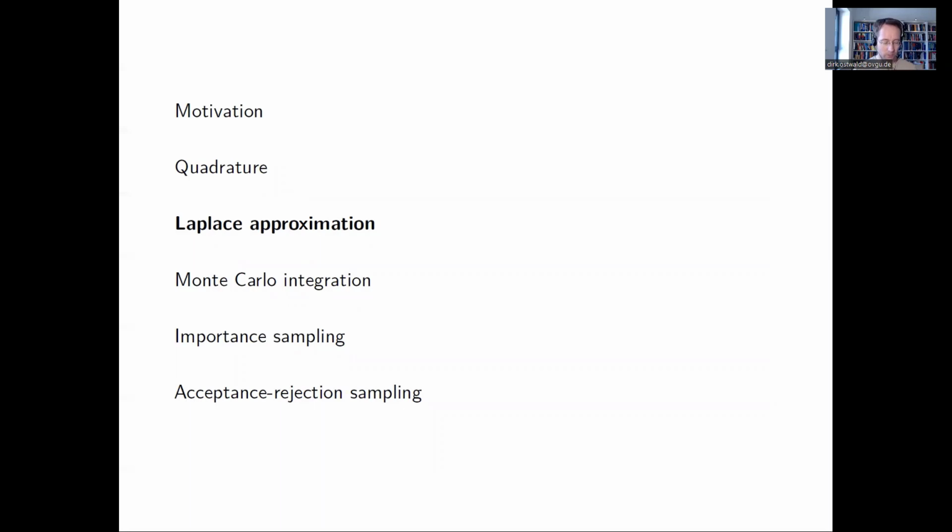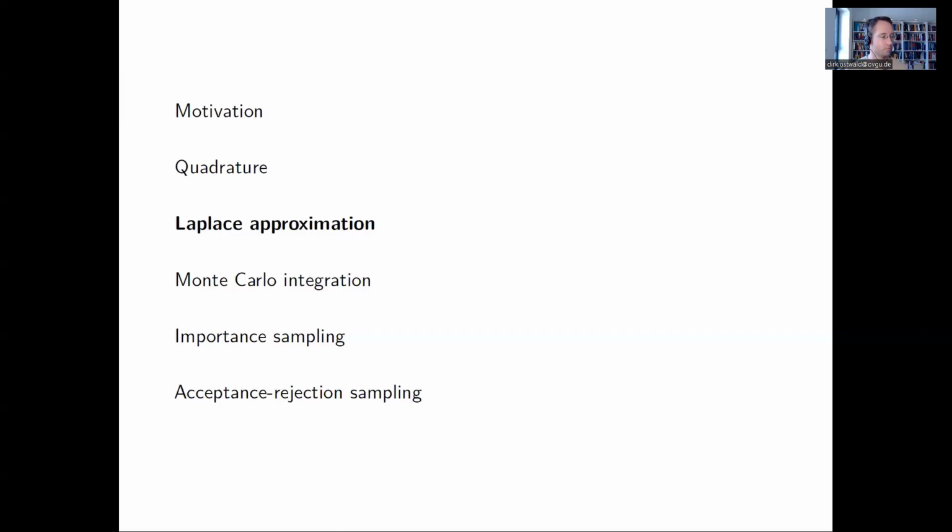Yeah, we will look at two other approaches for numerical integration, which are different from quadrature. So quadrature basically uses the definition of the Riemann integral in terms of Riemann sums to do integration numerically. The Laplace approximation, I think in flavor, is a little bit like a Taylor approximation.